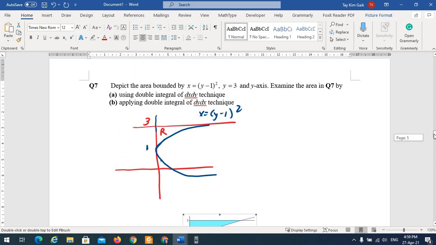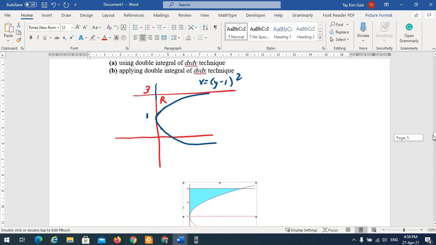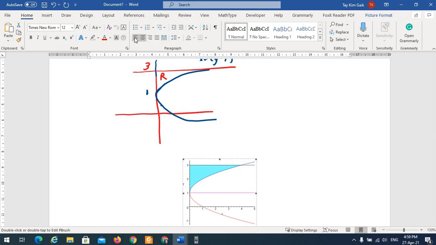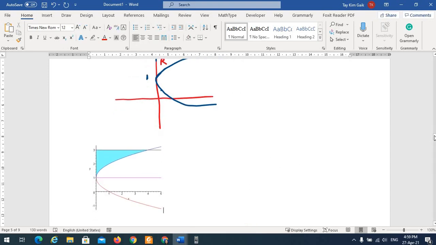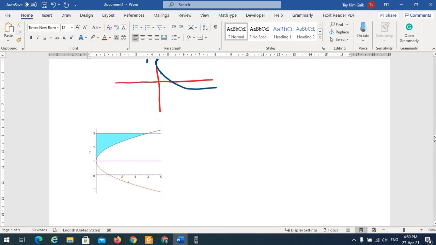So using the dx dy technique, and then using dy dx. Let's say part A, you want to use dx dy. The left curve here, the y-axis, is x equals 0. The right curve here is x equals y minus 1 squared.